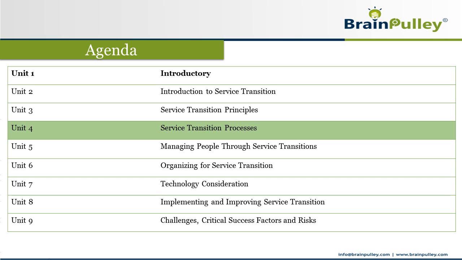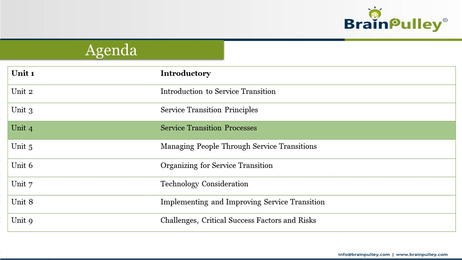Unit 4. This unit sets out the processes and activities on which effective service transition depends. These comprise both lifecycle processes and those almost wholly contained within service transition. Each is described in detail, setting out the key elements of that process or activity.